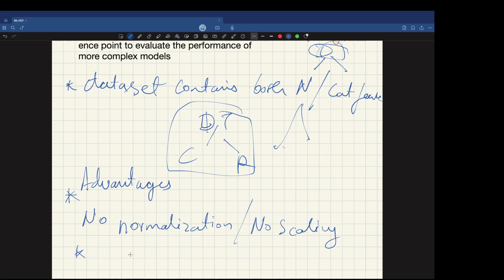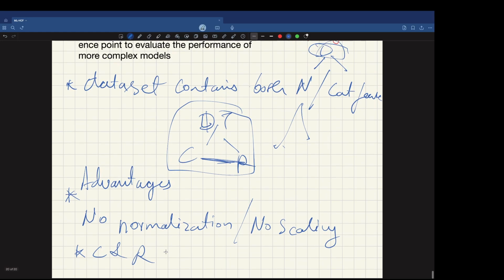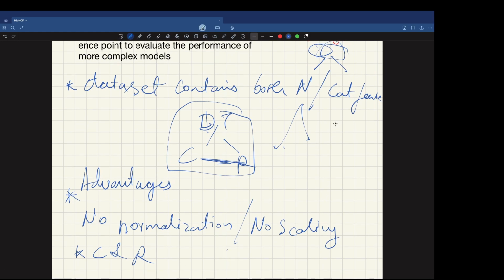It works with both classification and regression, what we discussed over here. It handles both numerical and categorical data.